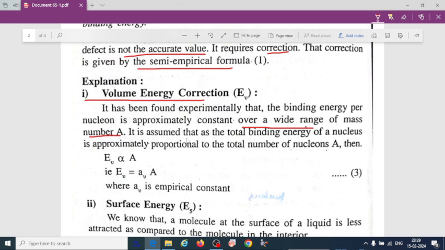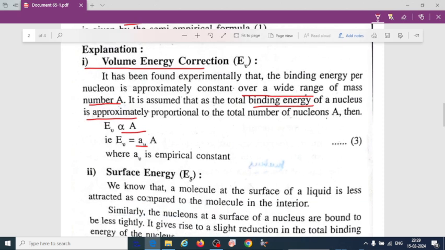It is assumed that the total binding energy of a nucleus is approximately proportional to the total number of nucleons. So we can write that volume energy is proportional to mass number, A. Here a_V is an empirical constant. Semi-empirical means it involves both theoretical and experimental aspects.